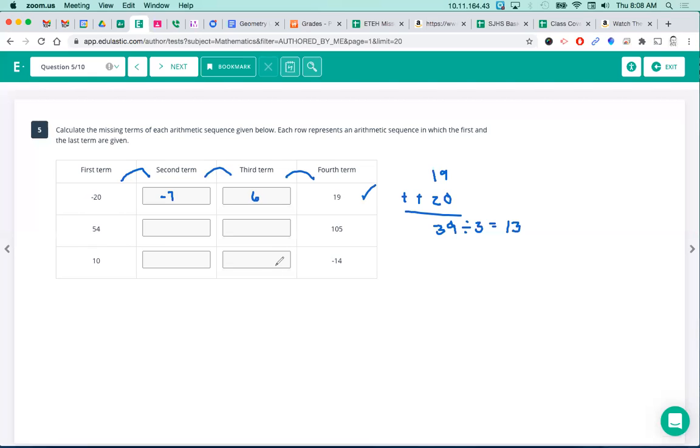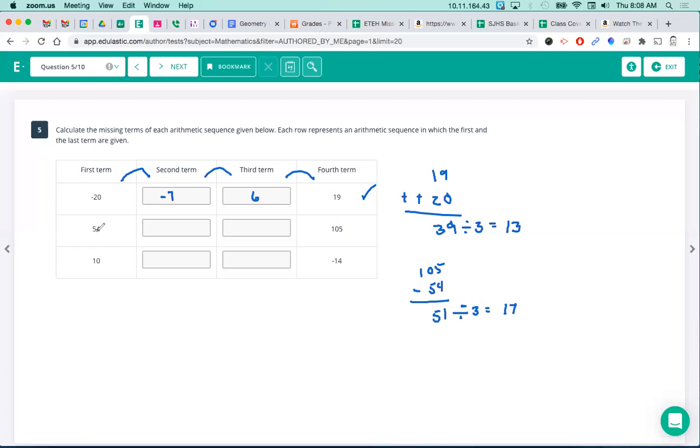So that one works. All right, let's look at 54 to 105. Again, I know I'm adding because I'm going from a smaller number in the first term to a bigger number in the fourth. So I'll do 105 minus 54. Looks like this is 51. 51 divided by 3 is 17.